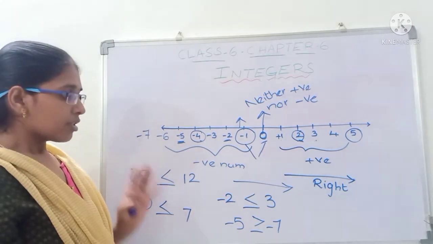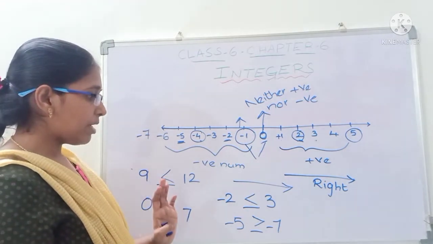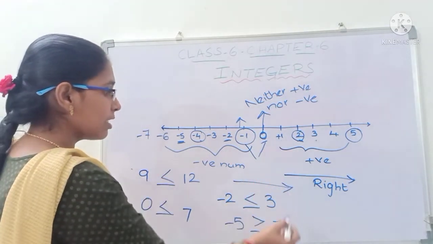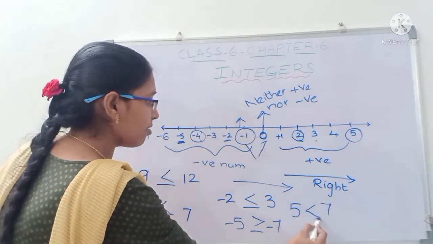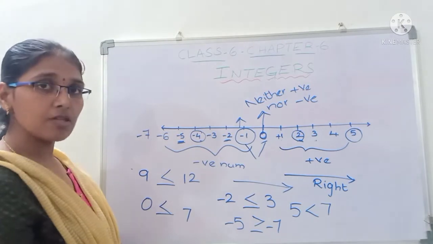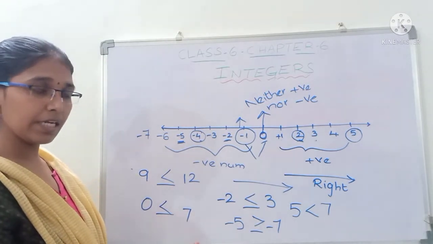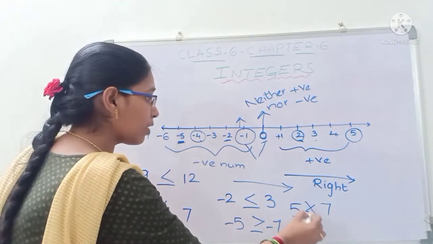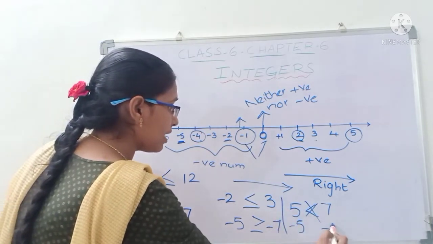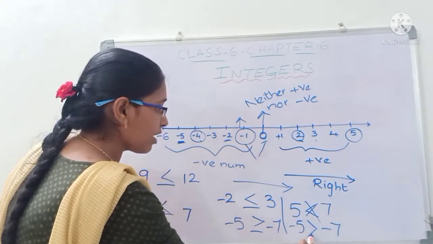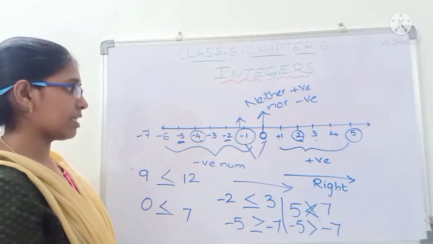Just simply you can remember that if positive numbers are 7 and 5, then 7 will be greater than 5. In case of negative numbers, when you are comparing them, this will get reversed. If it is minus 5 and minus 7, minus 5 will be greater than minus 7.